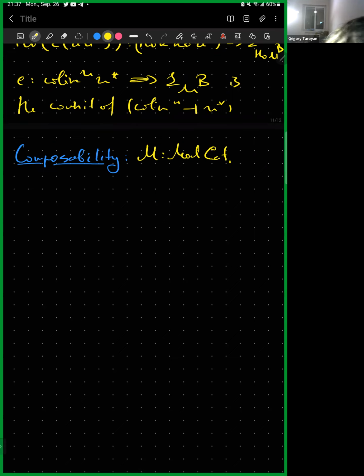Okay, so once again, M is a model category. U and V are two composable functors between small categories.